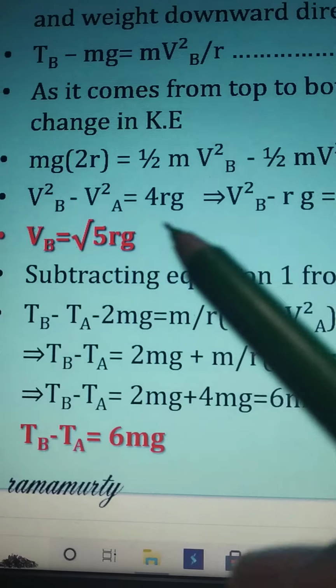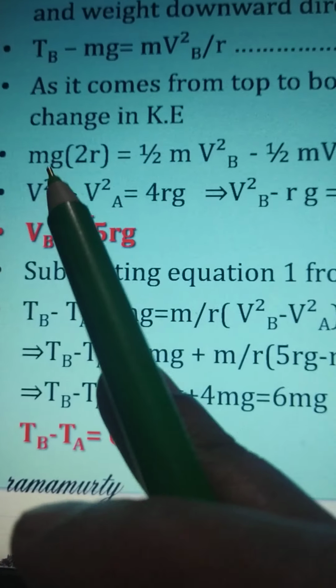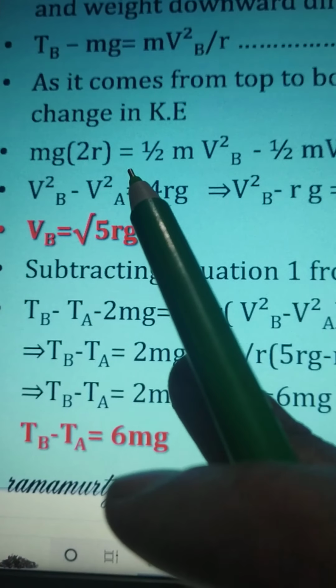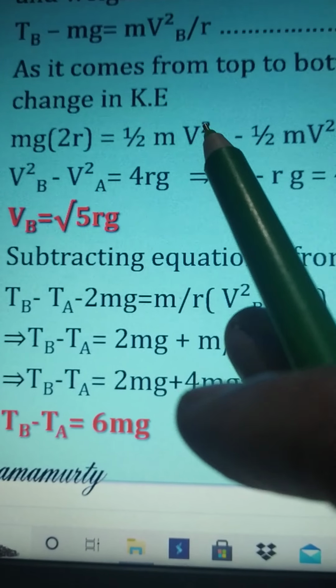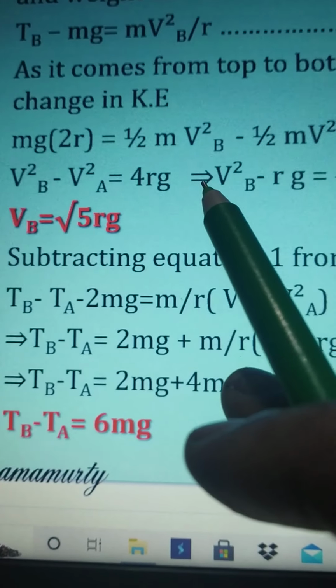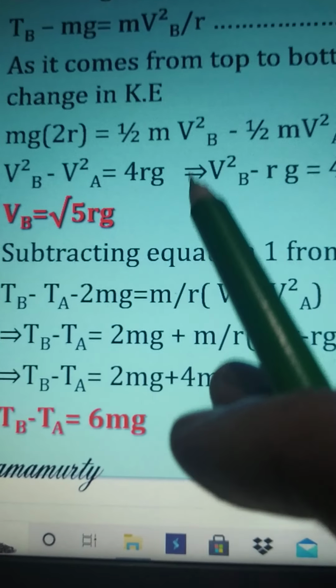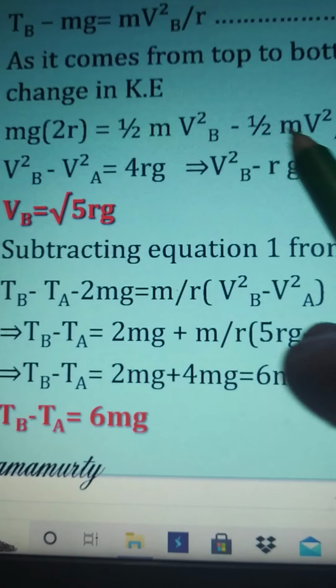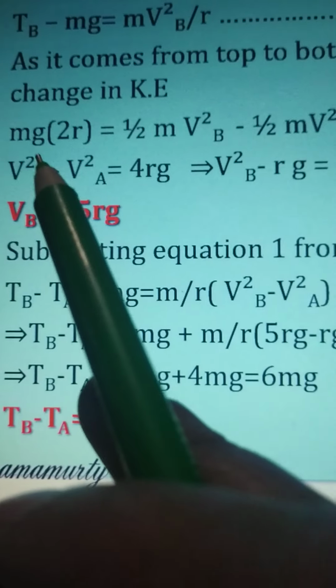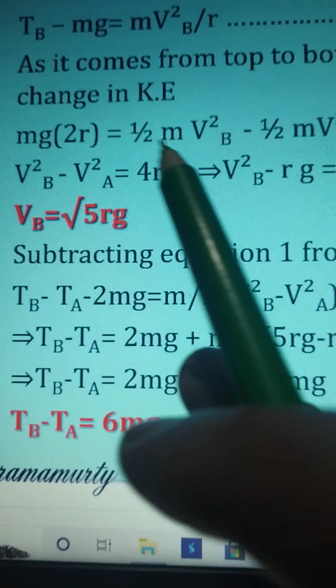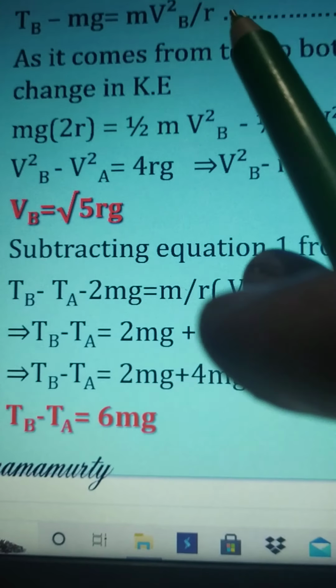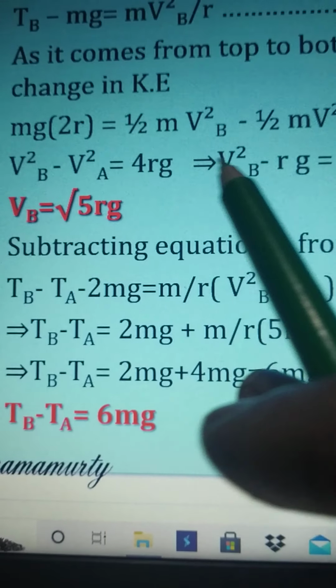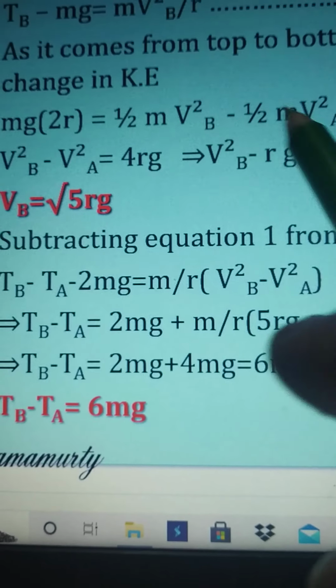So we get the expression mg 2r is equal to half m v_B square minus half m v_A square, because it goes from the topmost position to the lowermost position. So the change in potential energy is exactly equal to the change in kinetic energy from the highest point to the lowest point, means at A point to B point.